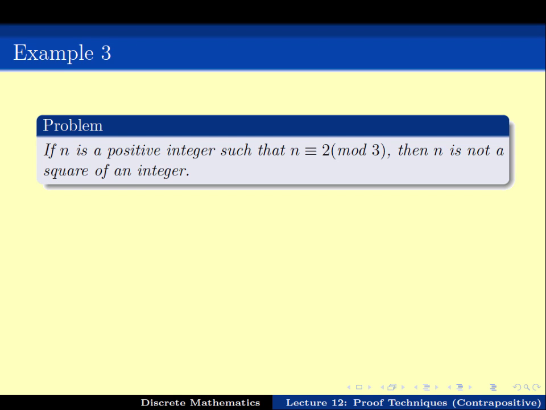Moving on to the third example. In this example, we say that if n is a positive integer such that n is congruent to 2 mod 3, then n is not a square of an integer.